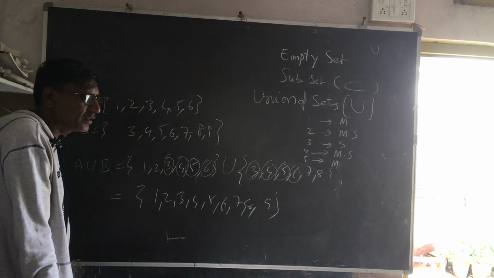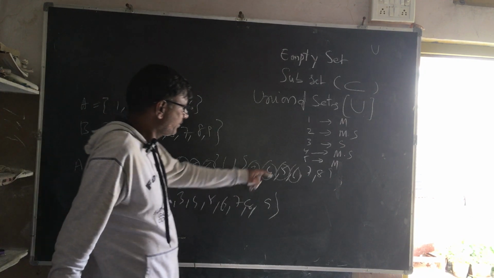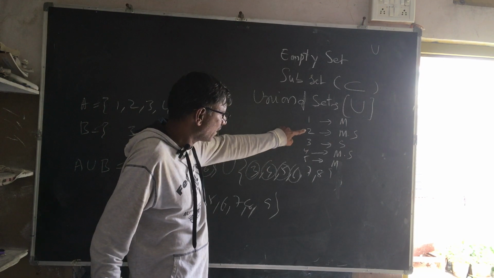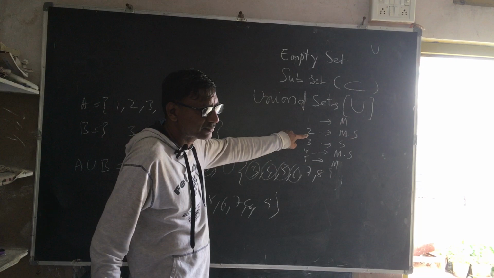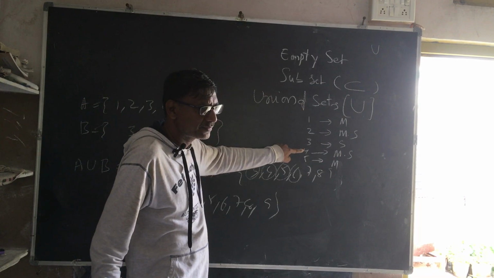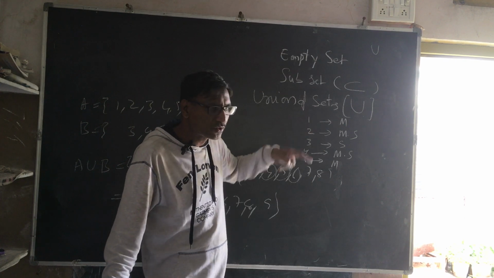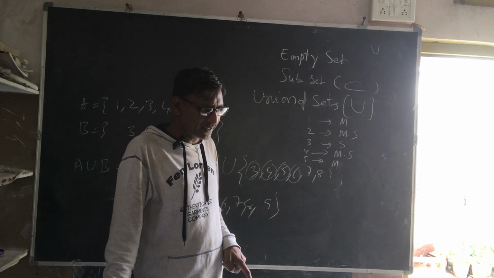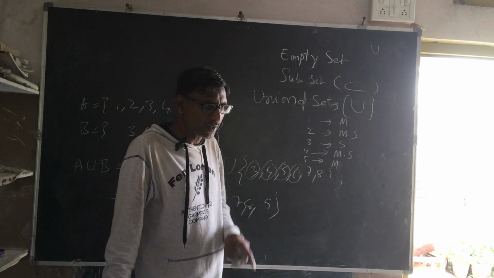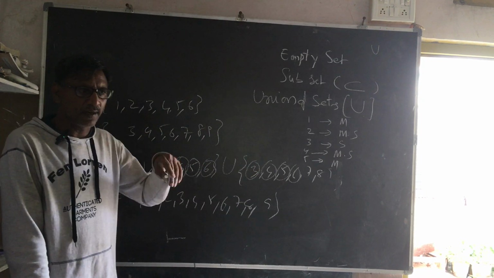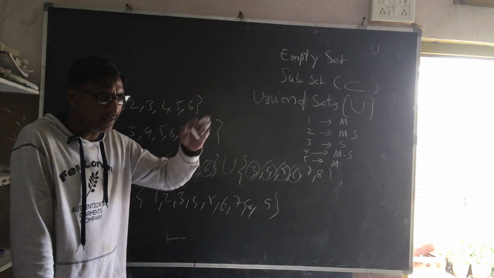Two. See here, this one and this one are common, right? These two are common. They are in math teachers, but they are also related to the science teacher, right? Am I clear or not? One person repeatedly comes under math teachers and under science.